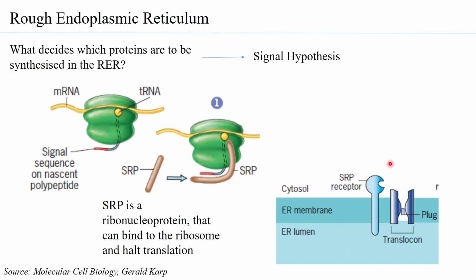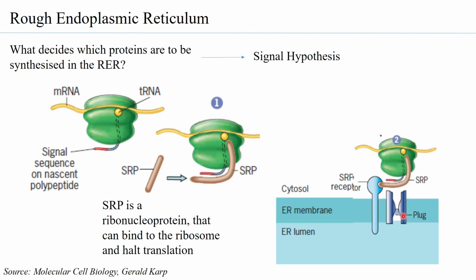Just beside the signal recognition particle receptor is another protein complex, another transmembrane protein, called the translocon. Interestingly, this translocon has a pore, but the pore is plugged by a helix which contains a stretch of hydrophobic amino acids. This helix forms a plug, and to this SRP receptor comes and binds the SRP, as you can note here.